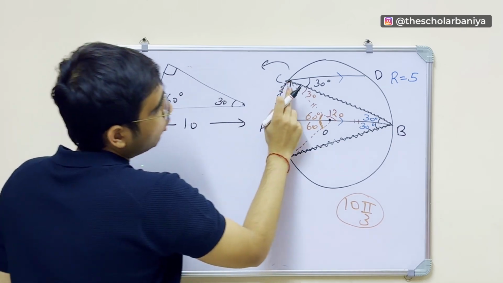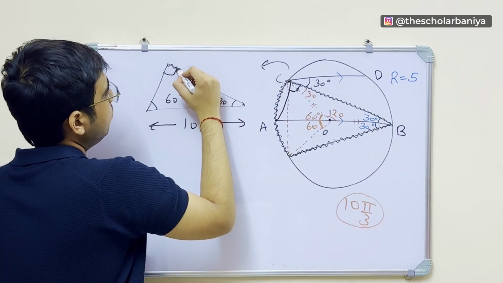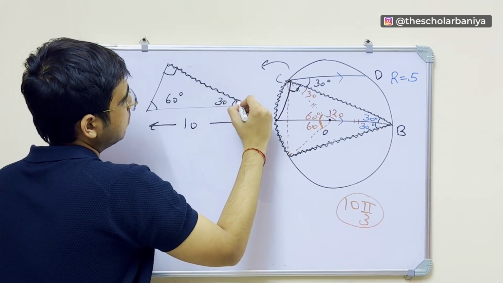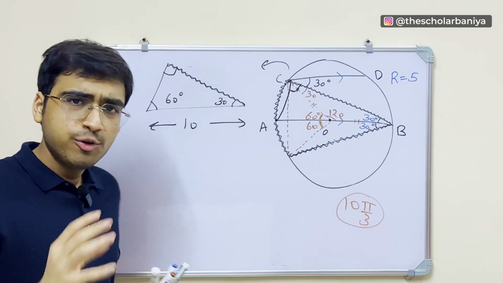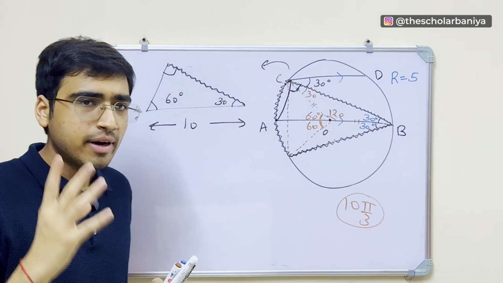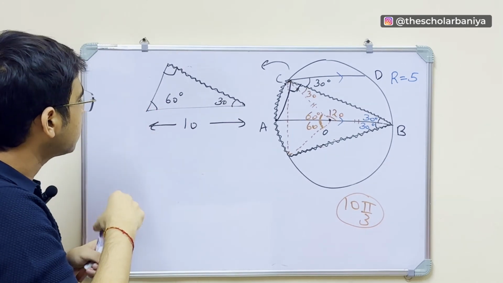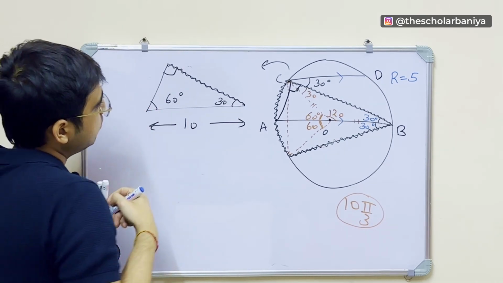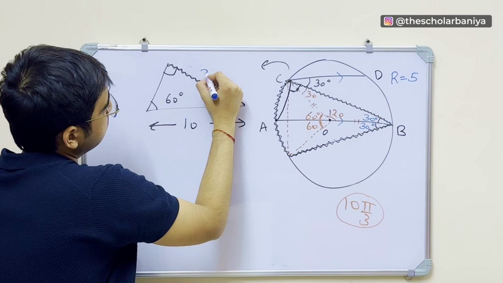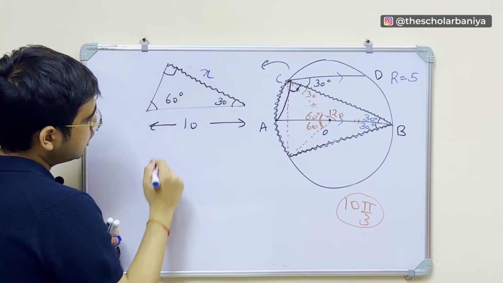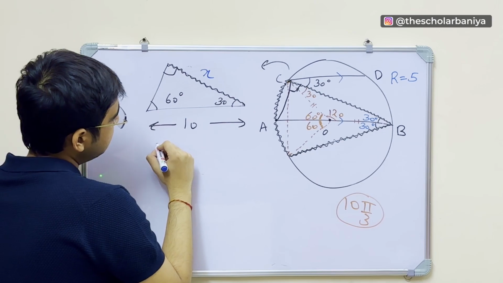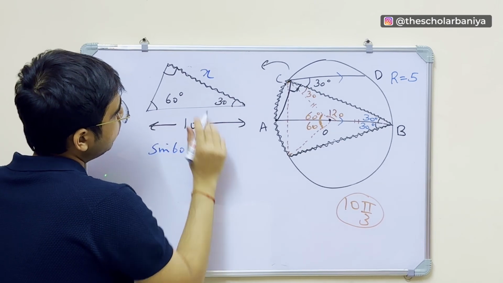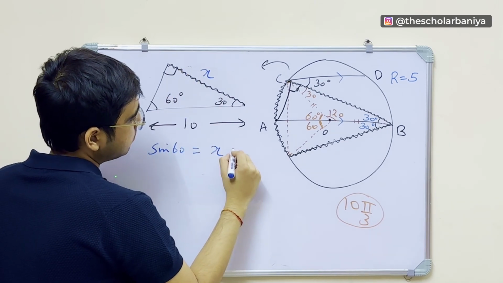And we have to find out this part over here. So now if you apply basic trigonometry, what do you get over here? For example, if this side is x, so sine 60 is equal to x upon 10.